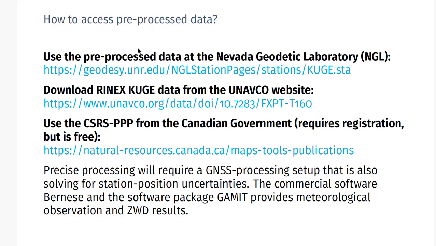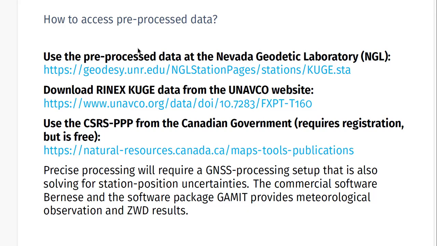The processing of this water vapor data would require a good software setup that we are currently not going to install here, but we are going to look at time series that other people have produced. And we are going to use a time series produced by the Nevada Geodetic Laboratory, NGL, and we are going to use the KUGE station.